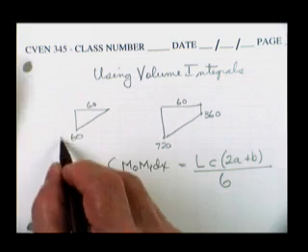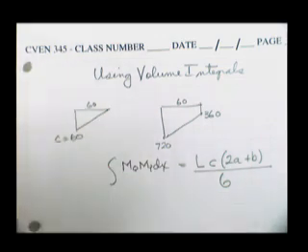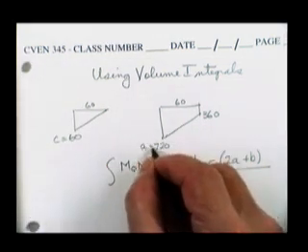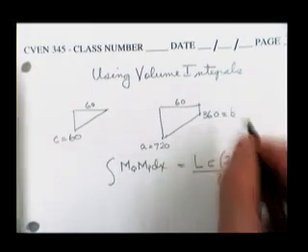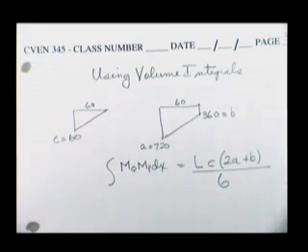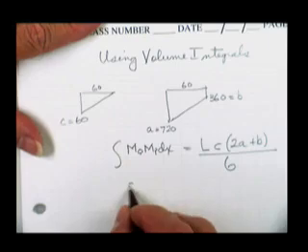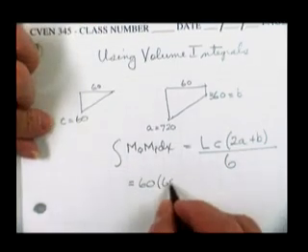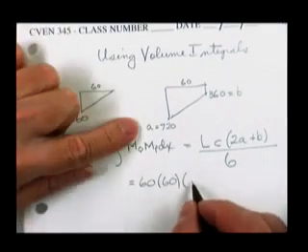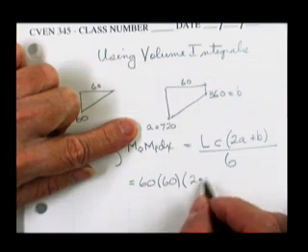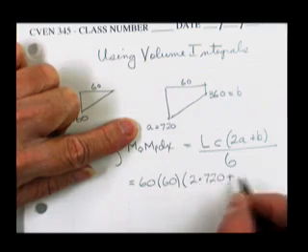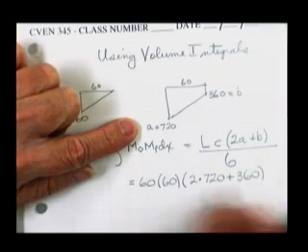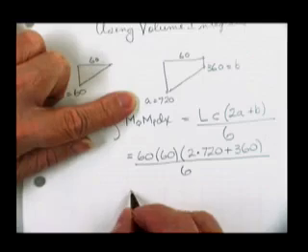This number is labeled as C. This number is labeled as A, and this number is labeled as B. You'd be surprised how easy it is to get these numbers jumbled up. So it's equal to the length, 60, times 60 times 2 times 720 plus 360 divided by 6.